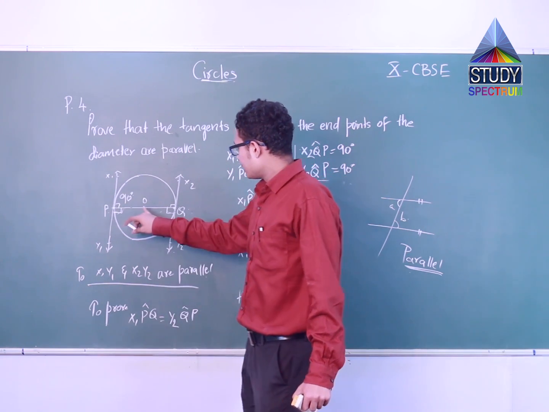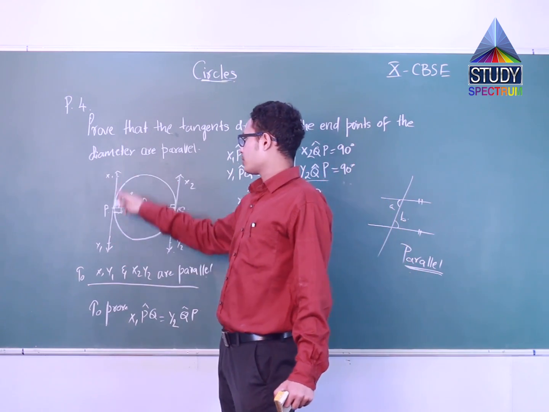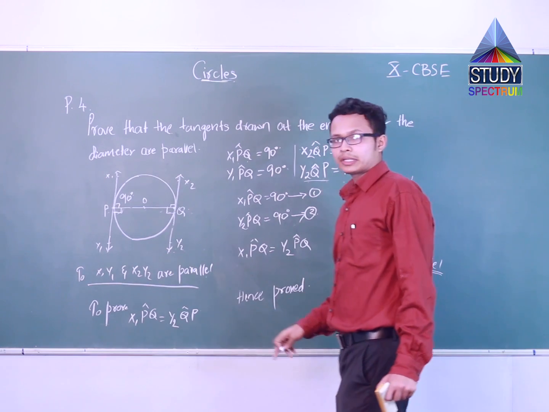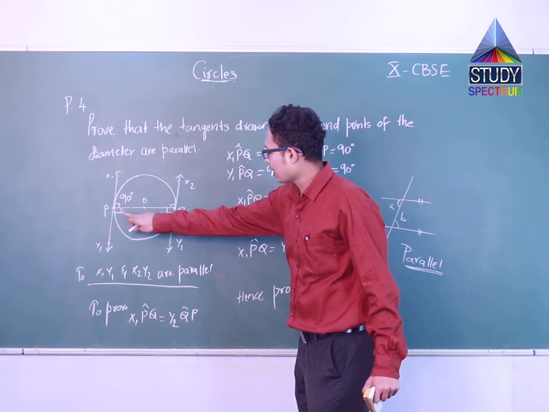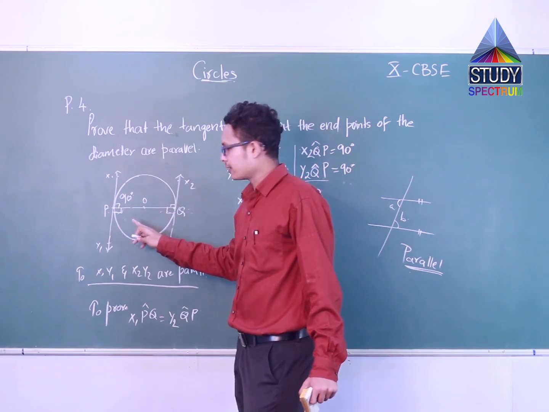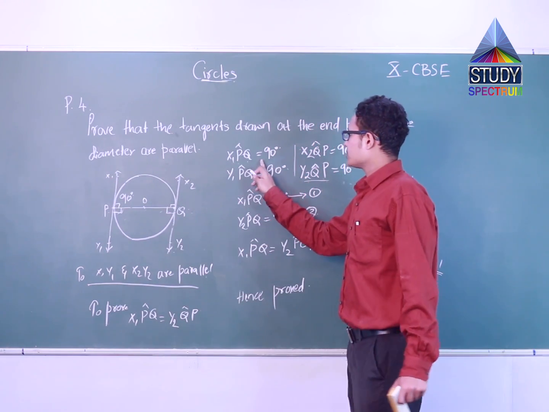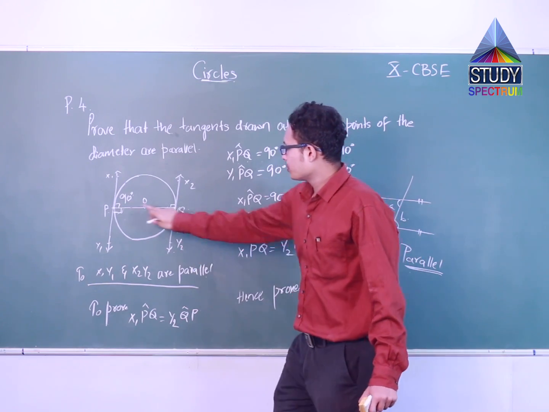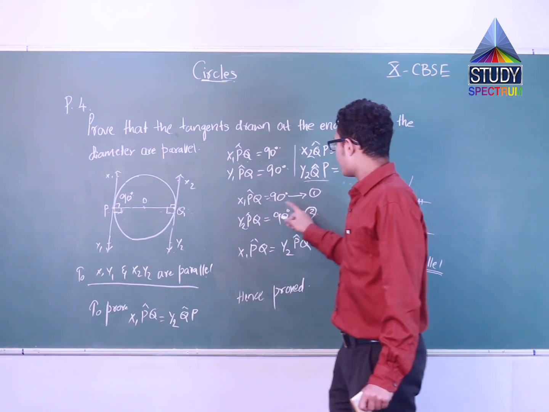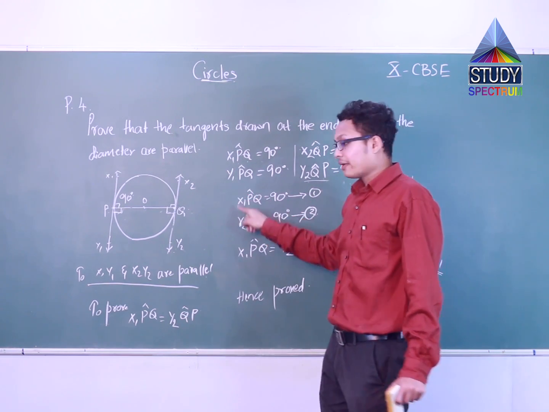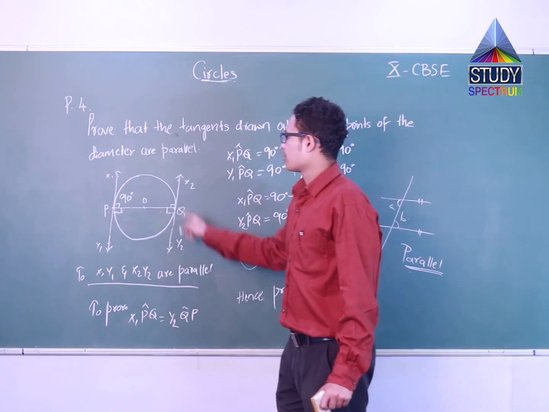I've indicated the center as O and the end points of the diameter as P and Q. I've taken the lines x1y1 and x2y2. From theorem 10.1, x1PQ is 90 degrees, and similarly all the other three angles are also 90 degrees. x1PQ is 90 degrees and y2QP is 90 degrees. Since the right hand sides of equations 1 and 2 are the same, the left hand sides will also be the same. Equating these two proves that the two lines are parallel to each other.